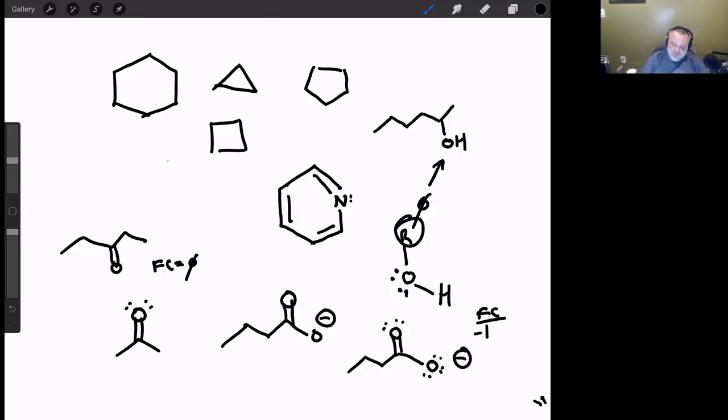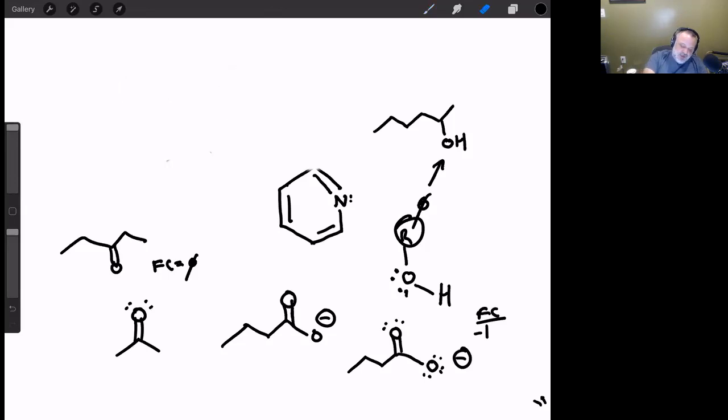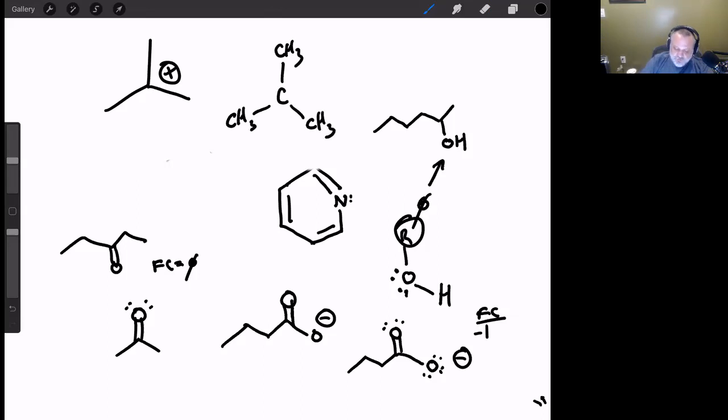Well, what if I have a structure like this? What if I have something that shows you that there's a positive formal charge? This is a carbocation, and we're going to talk more about that later on in the semester. What's this mean? Well, in this case, I've got a carbon that's connected to 3 other CH3 groups, but the carbon has a +1 formal charge.